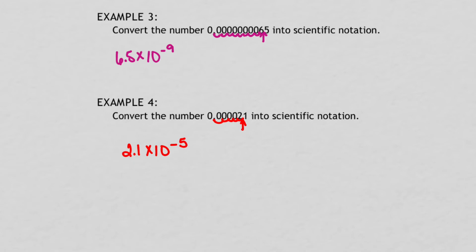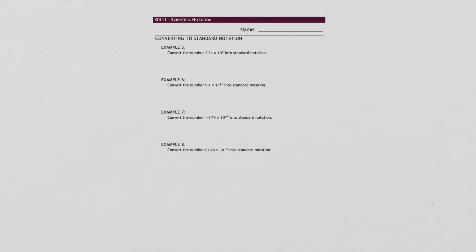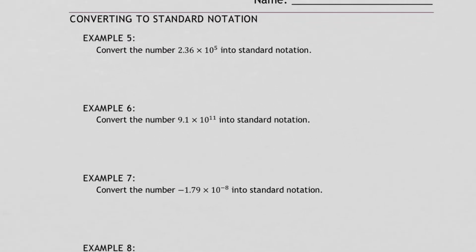The last 4 examples show us how to go the other direction. So convert from scientific notation into what we call standard notation. 2.36 times 10 to the 5th. So what we'll do is take our 2.36 and move our decimal 5 places, since it's a positive exponent, to the right. 1, 2, 3, 4, 5.